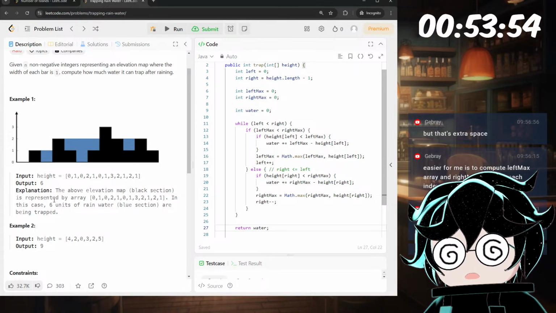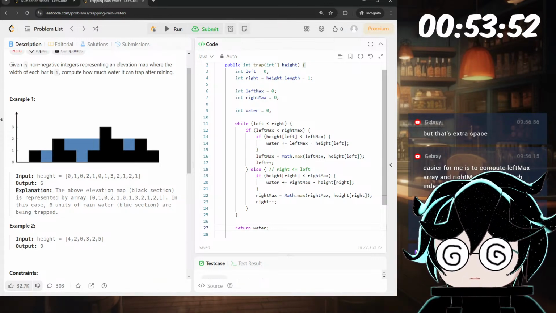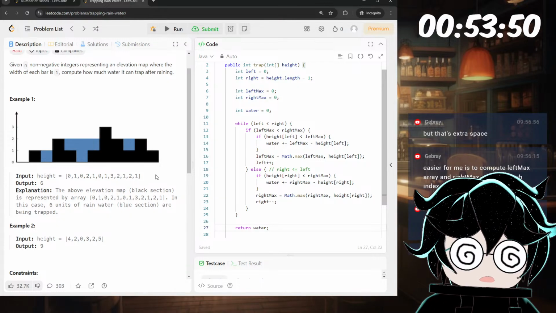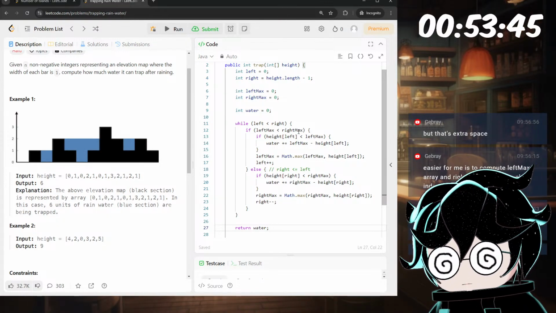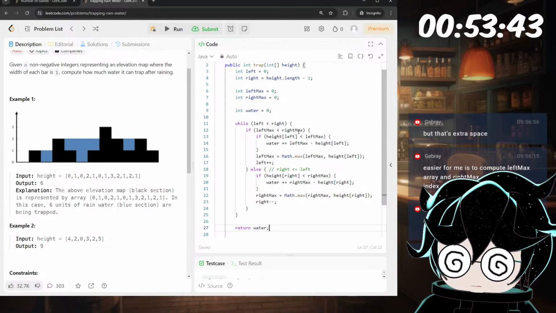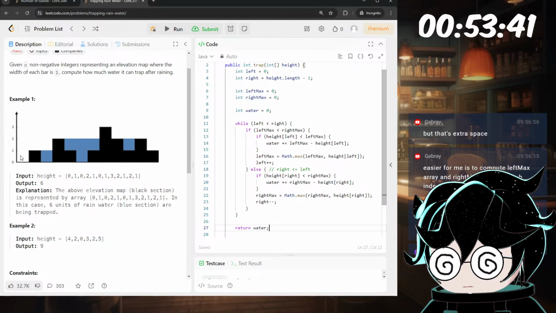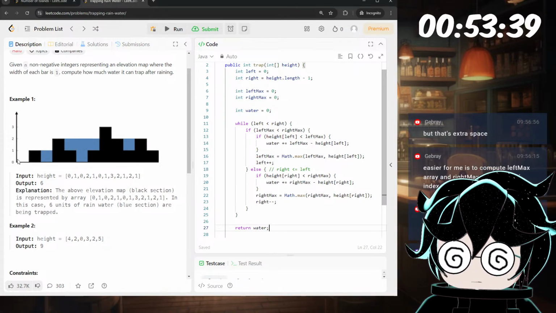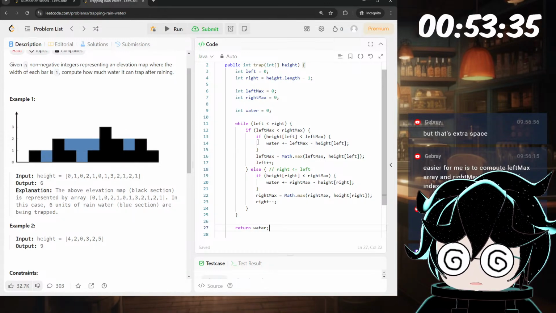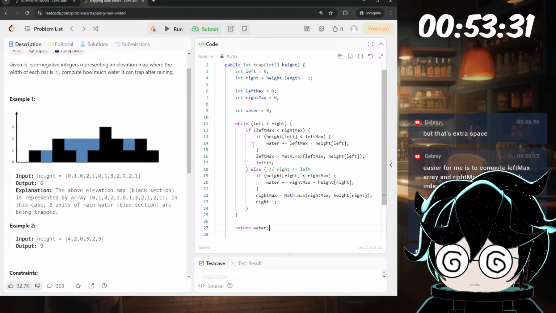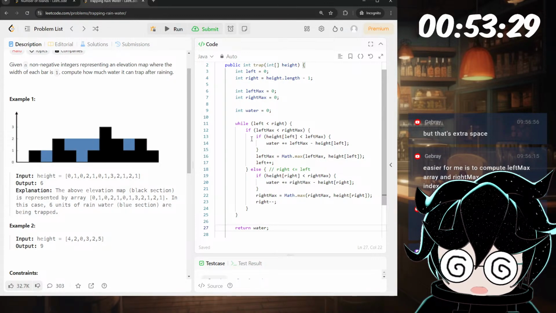I guess currently we both start off with left here and right here. If left max is less than the right max, they're both 0, so it doesn't matter.